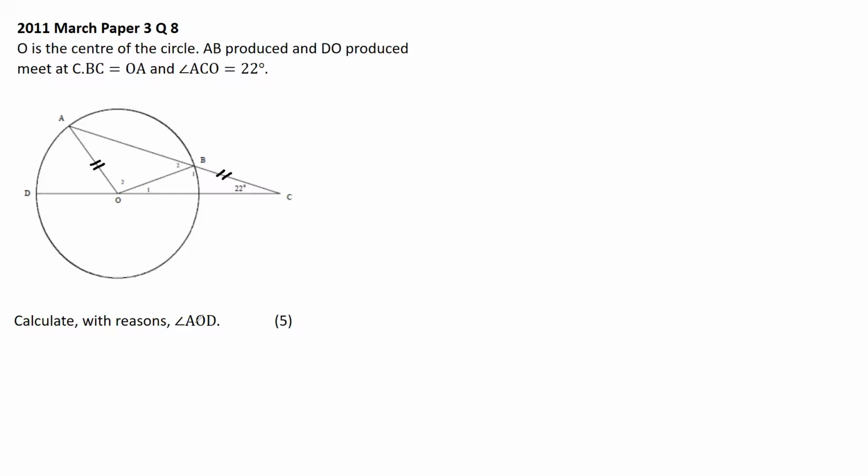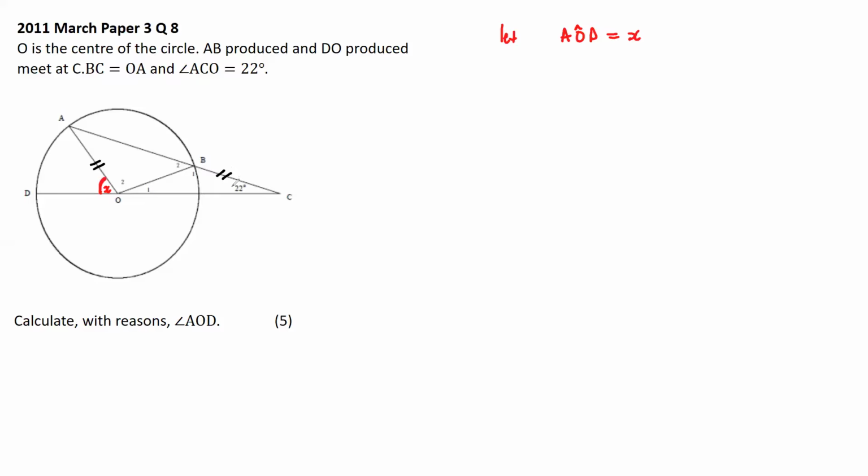Calculate with reasons, angle AOD. Let me call it X. Let AOD be X. It's always easier to work with smaller letters like X. All right, we're good. Let's see if I can work out some magic in all of that.